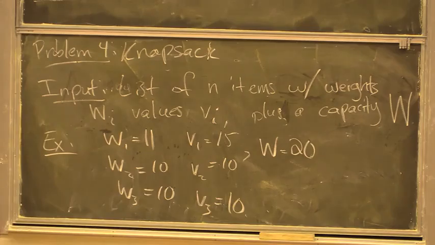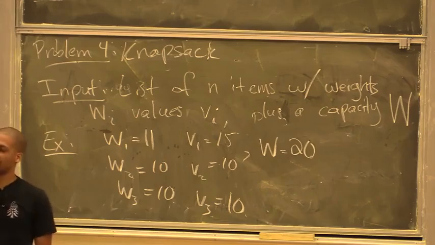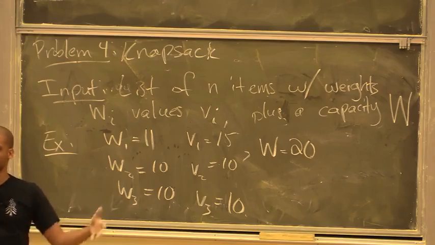Yeah. No, but there are actually. So you said, couldn't I make the same argument for n? Writing down n takes log n bits, right? But I'm not actually writing down n. I'm actually giving you n items, right? Like the input has an array of length n, and each one of those is a pair w_i, v_i.